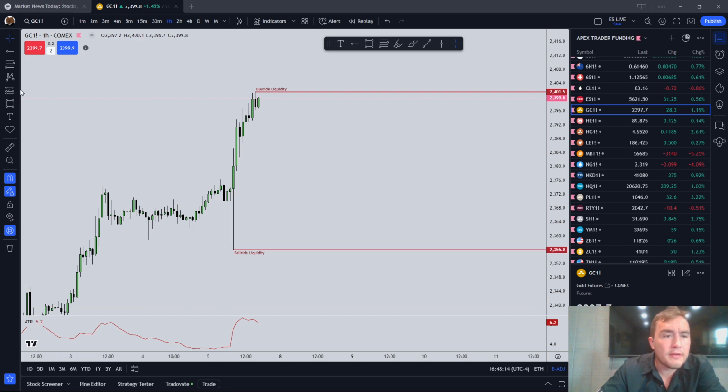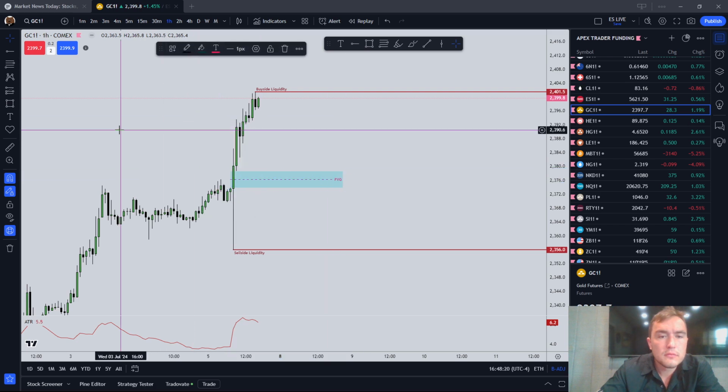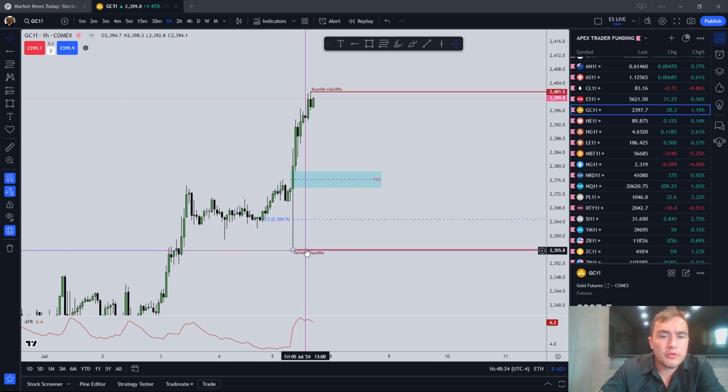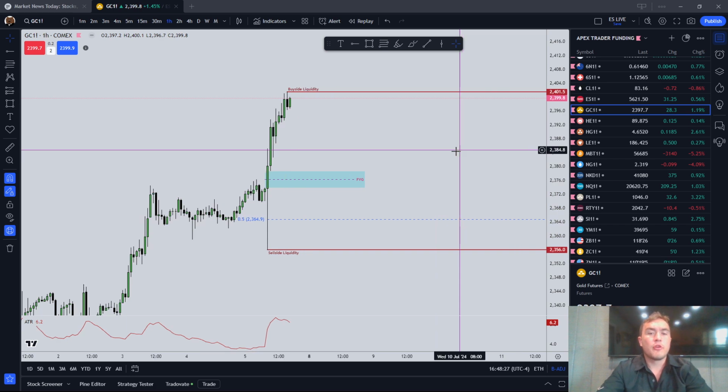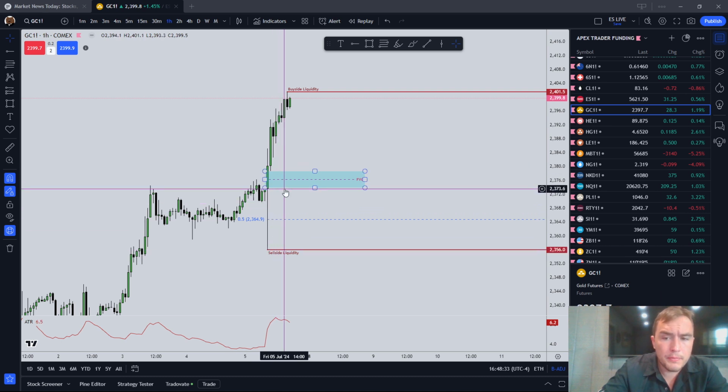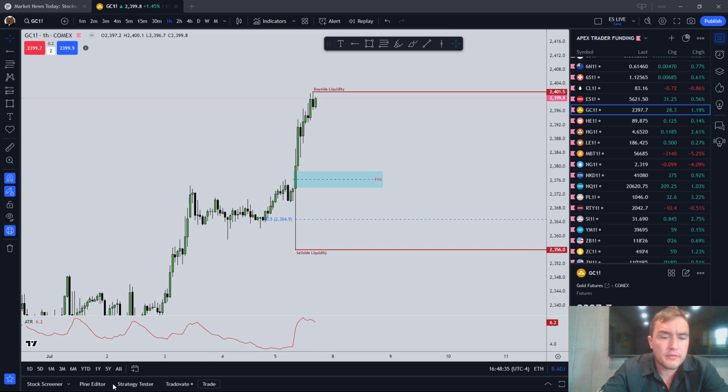Now I'm going to look for any fair value gaps. Here's one here. And then this long wick inefficiency on the hourly chart is something that I'd probably want to leave on my chart. So notice that the market was inefficiently delivered all the way from 23.56 up into 23.73 spot 6.